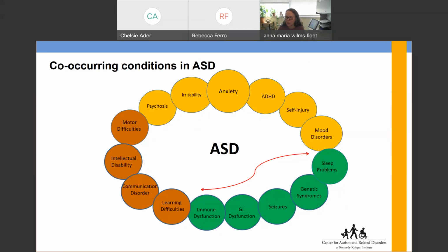I think comorbidities is the word that we should not use. Co-occurring conditions is the better word to use. But really looking at children and what their needs are in all these domains is very important.